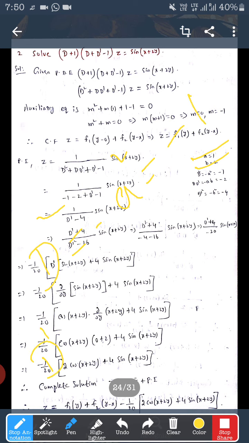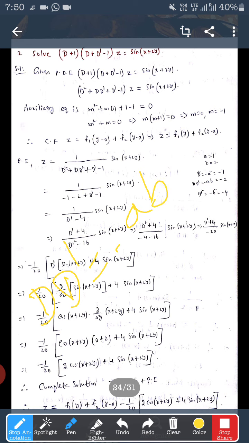In place of D'², minus b², minus 2², which is equal to minus 4. In place of DD', minus ab, that means 1 into 2, which is equal to minus 2.